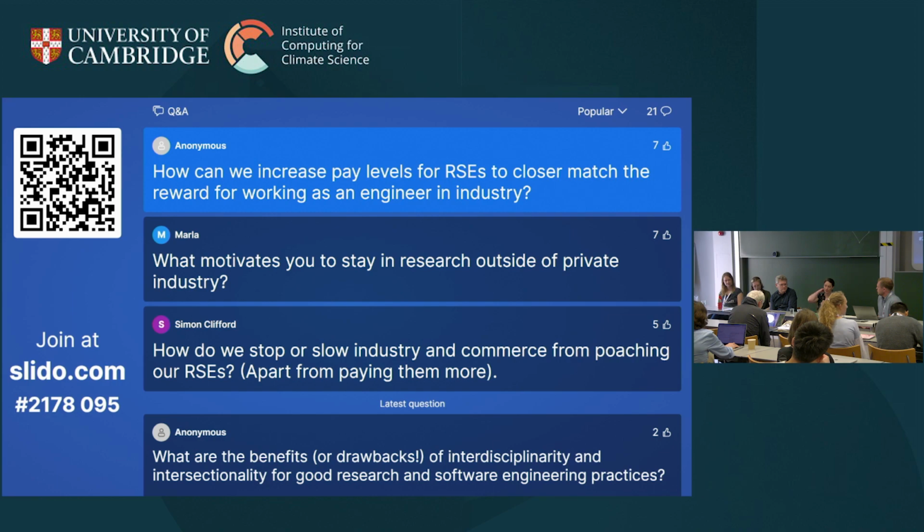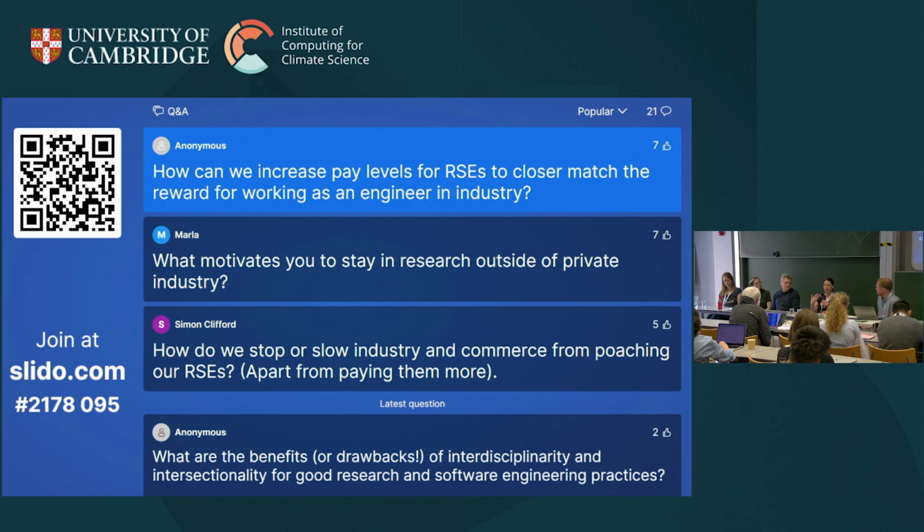I think in terms of recruitment, it leads into the second question around why people would choose to be an RSE. If we can't do the money thing, we can at least do the flexibility and the really nice working practice, and make it as attractive as we can in other ways, in recognition of the fact that RSEs are very skilled people and they could go off and earn a lot more elsewhere.